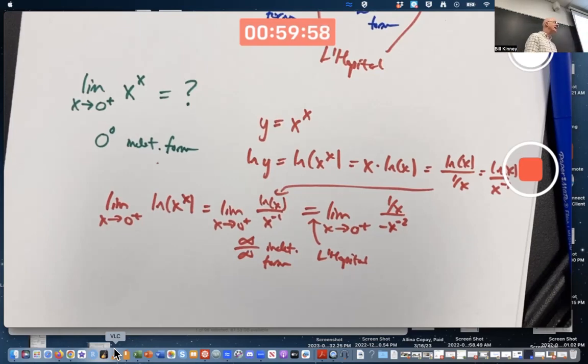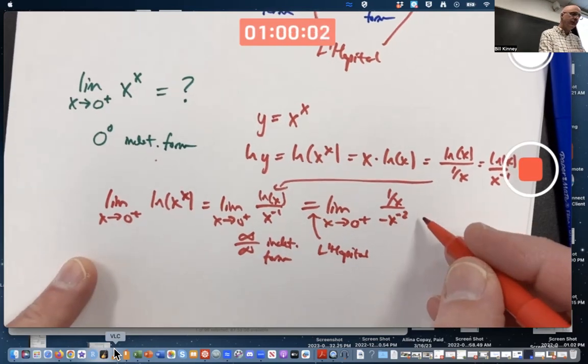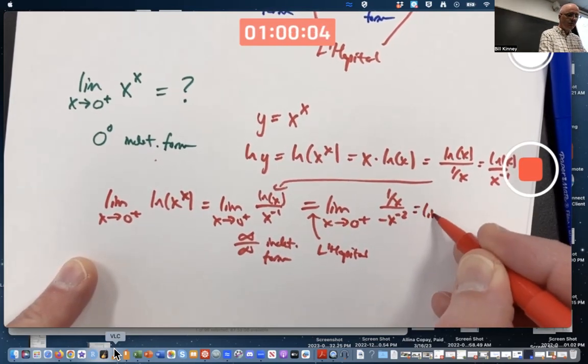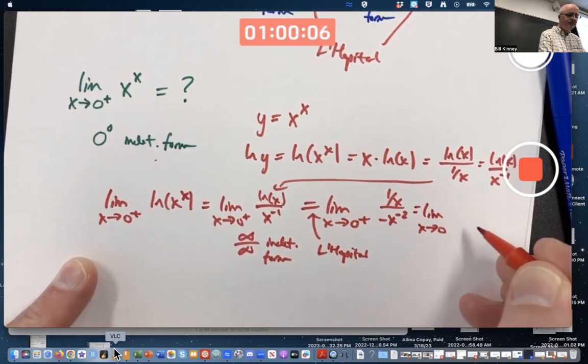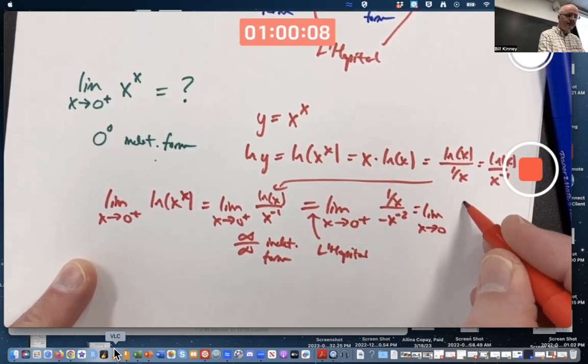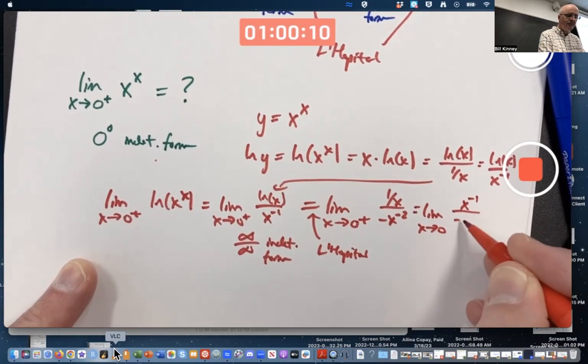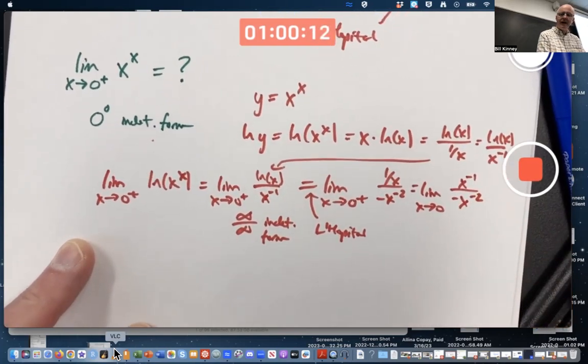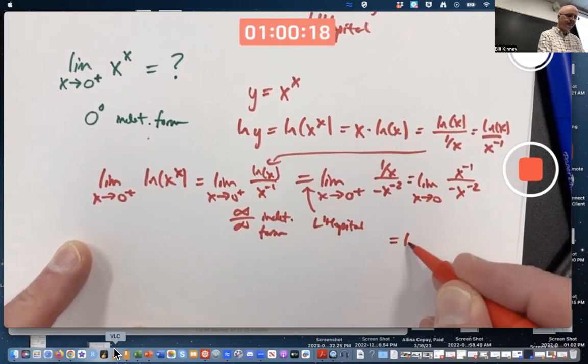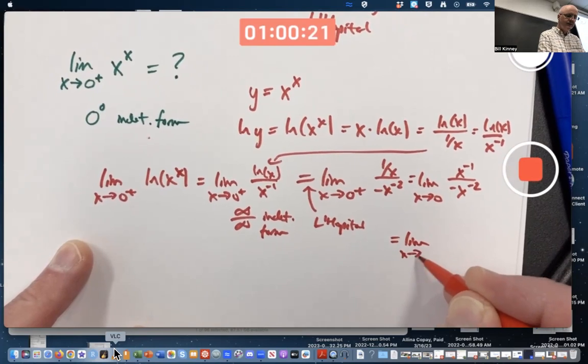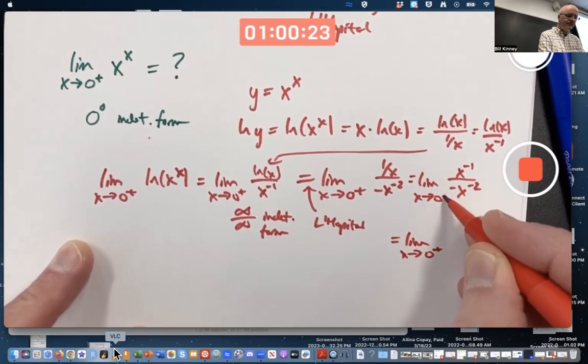We can finish this without using L'Hopital's rule again, because what we can do is a little more trickery. Rewrite this function by subtracting exponents. Yeah, the negative sign can come out in front.